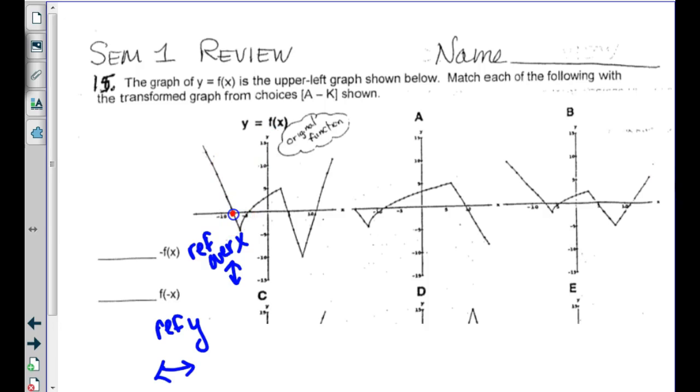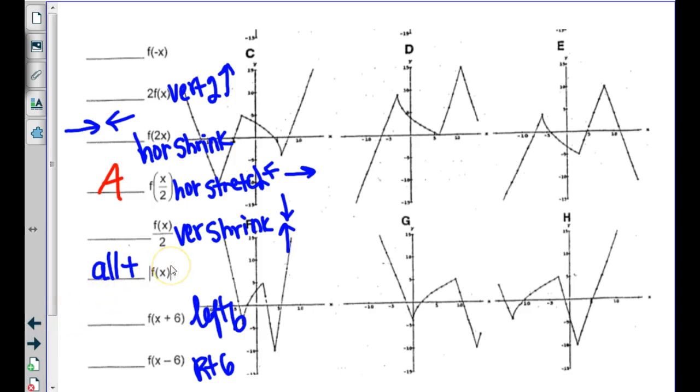I think it still has the same x-intercepts. So this is a vertical shrink, while this was a horizontal stretch. So a vertical shrink would be this guy.